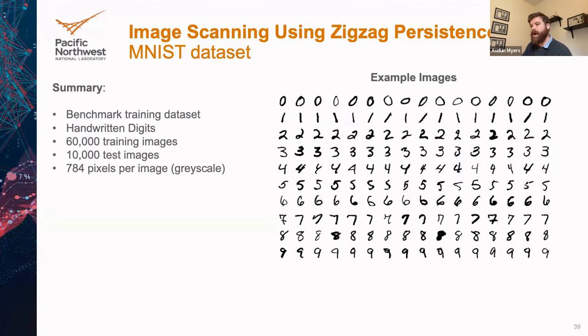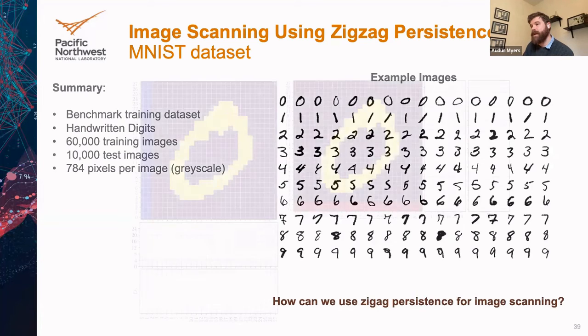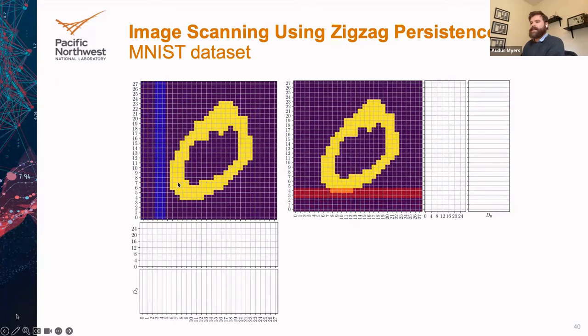The image part of this, which I'm going to focus on, is a bunch of handwritten numbers, 60,000 training images and 10,000 testing images. But I want to show now how we can use zigzag persistence to scan these. We scan them by using a sliding window, in both the horizontal and vertical directions.